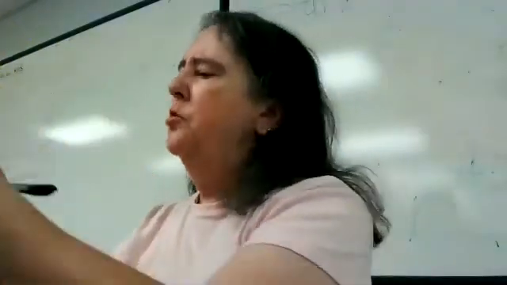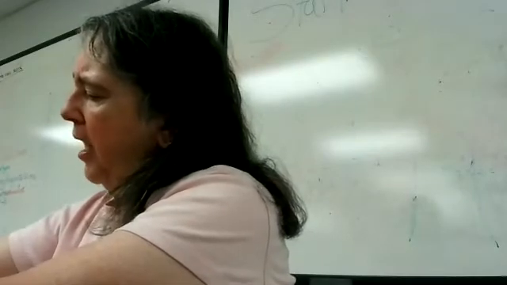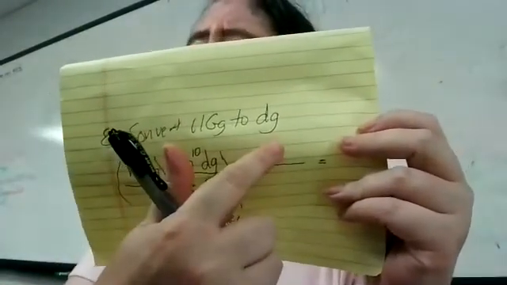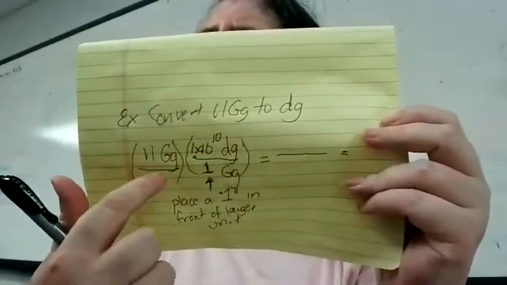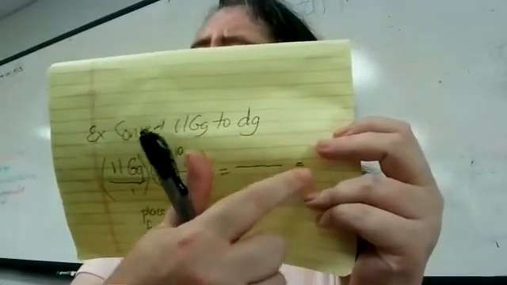Then what I'm going to do is I'm going to multiply the tops, I'm going to multiply the bottoms, and then I'm going to divide. So I'm going to multiply my tops, I'm going to put it here, I'm going to multiply my bottoms, put it here, then divide and get my final answer.